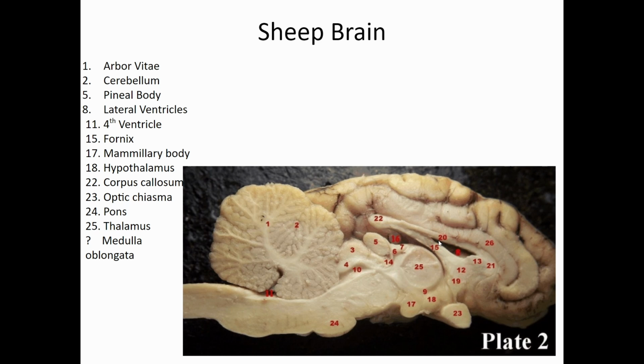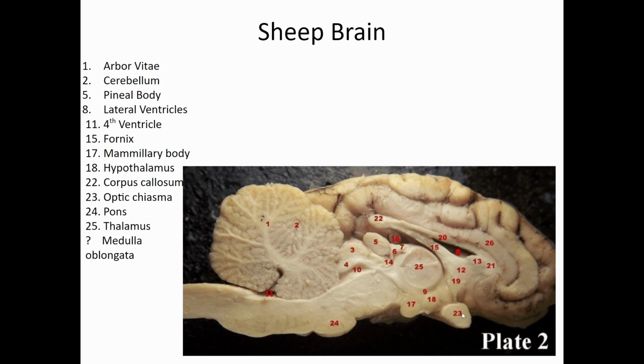The corpus callosum is 22, but proceeds downward, and the fornix is 15. The mammillary body is 17, also a part of the midbrain, and then 18 is the hypothalamus, which is under 25, which was the thalamus.